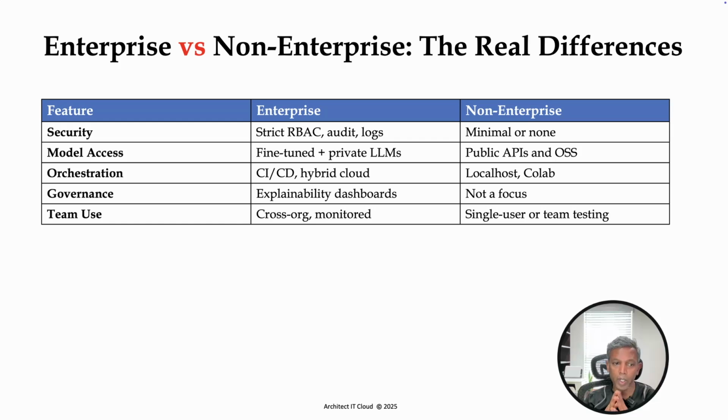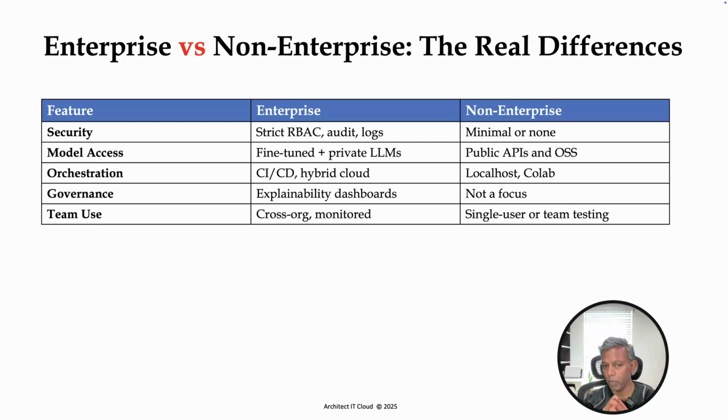Another key feature in the enterprise agent framework is governance. It has a clear explainability dashboard that helps you know what governance policies are being used in the organization and how the agents are adhering to those governance mechanisms. Everything is very clear.